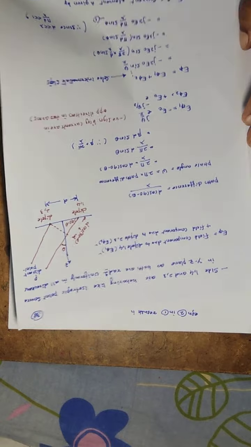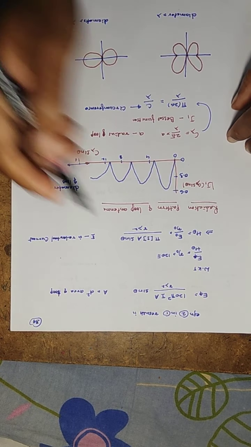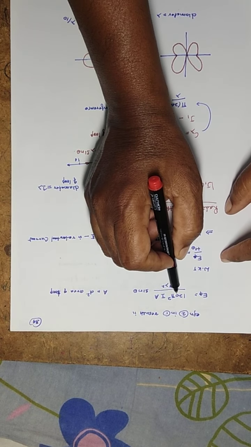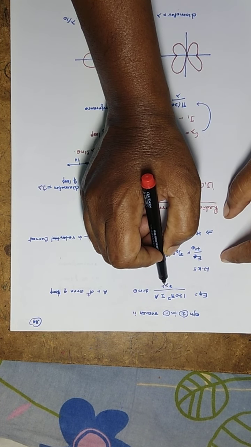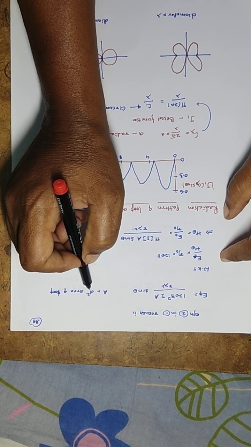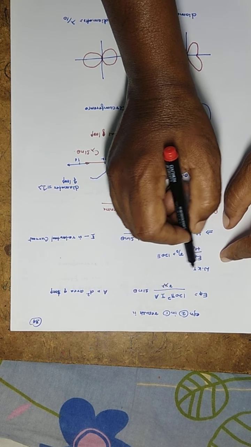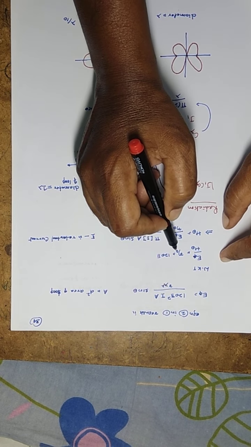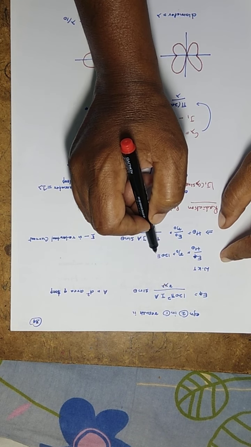If I substitute equation 2 in 1, this results in E phi equal to 120 pi square I into A divided by R into lambda square, where A equal to D square, that is the area of the loop. And to find H theta, E phi by H theta is given by eta naught. For free space, it is 120 pi.